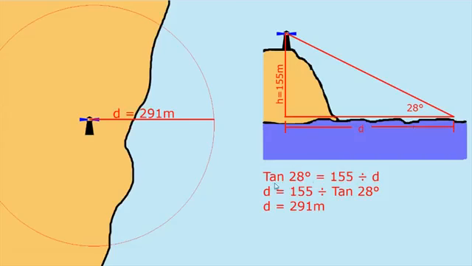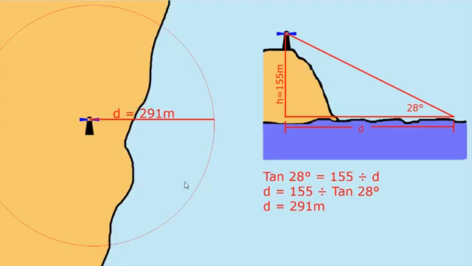So in other words, tan of 28 equals 155 divided by d. If you do your mathematics and spin that around, the distance out from this lighthouse is 155, which is the height, divided by the tangent of that angle 28. In this case, it gives you a distance of 291 meters. So distance equals 291, and on your chart you can draw a distance of 291 meters.